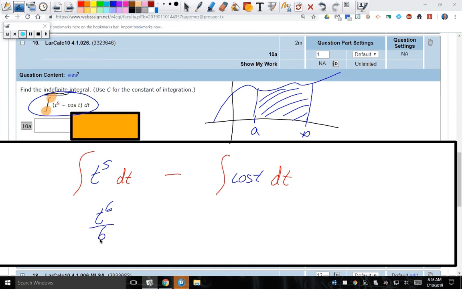Without looking at anything in red, no negatives, no nothing, what's the antiderivative of cosine? Sine, right? The antiderivative of cosine is sine, because we learned from first semester that if we derive this, it would be a positive cosine. This is where a lot of mistakes happen with negatives.